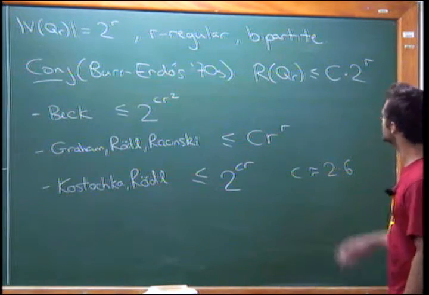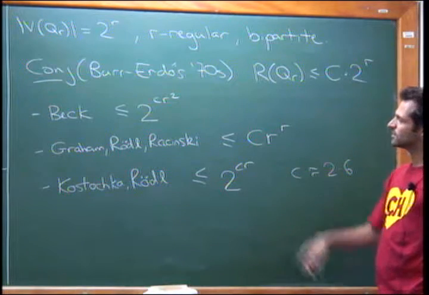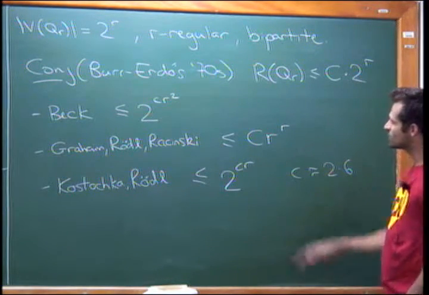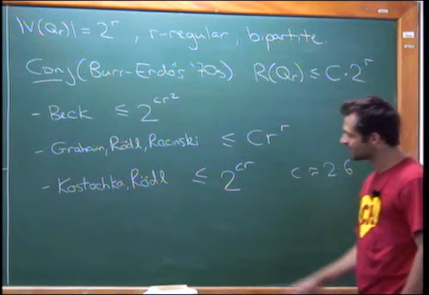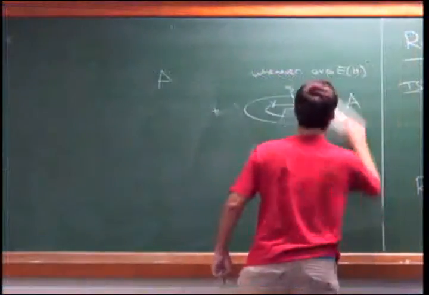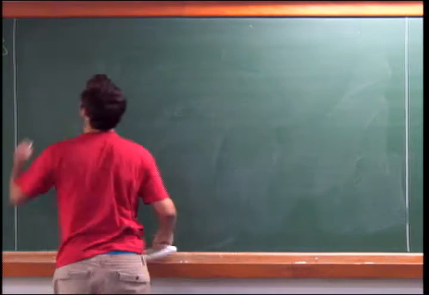So the result is pretty strong. The proofs are pretty complicated, and the guys are pretty famous. So we're going to prove the following bound in just a few lines.